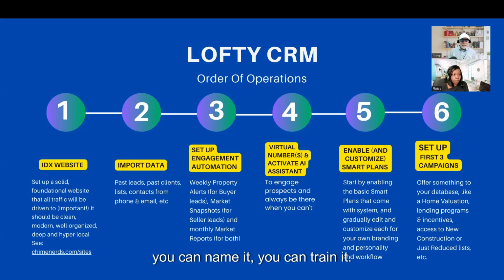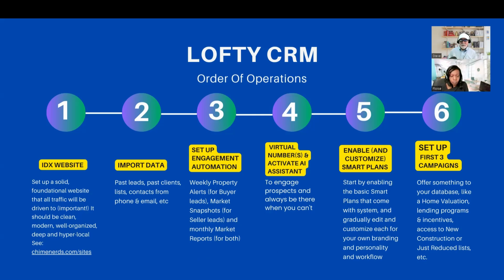And you can name it, you can train it, and these things are getting more and more advanced every day, week by week, day by day. They're getting more and more advanced to have full conversations with prospects, to send them listings, and to really be there 24/7, 365 when you cannot. And you can think of that as almost another employee at this point.